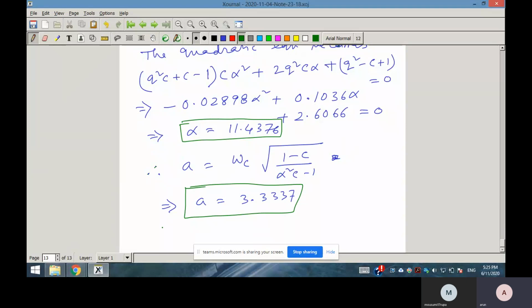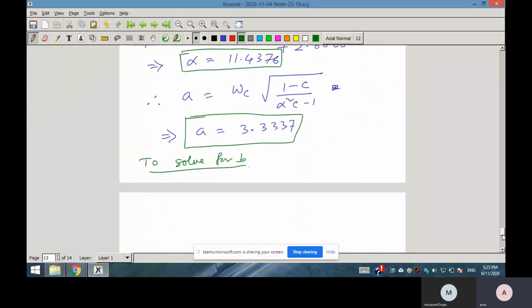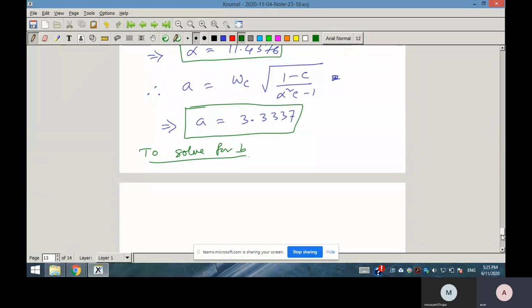So now which one is left to solve for? Only b is left. So how will you solve for b?